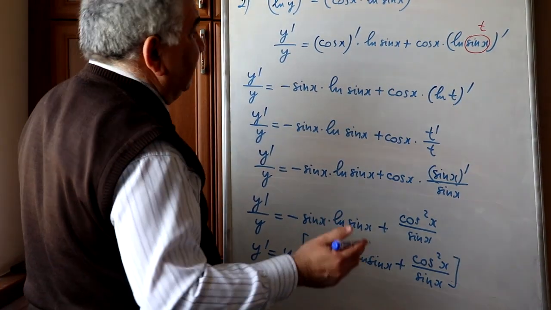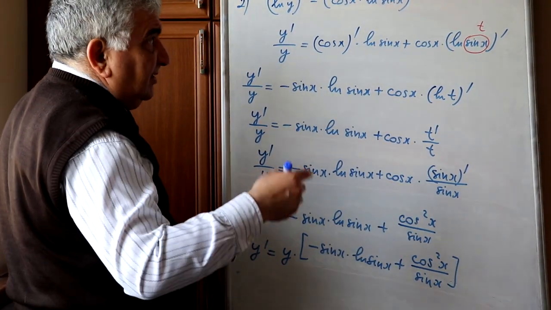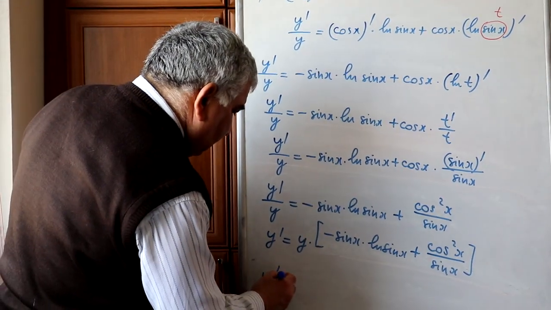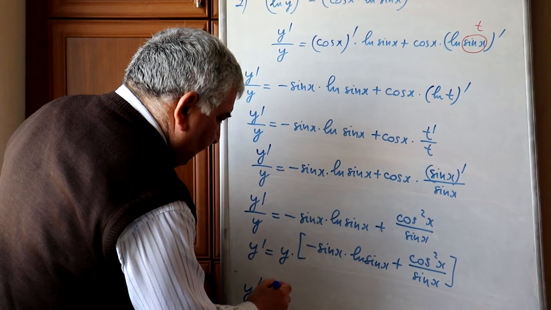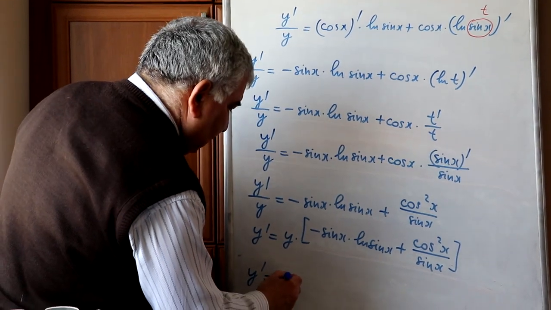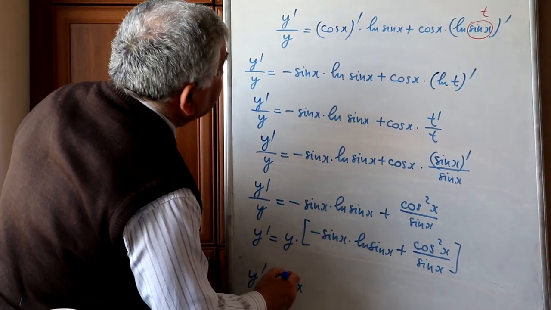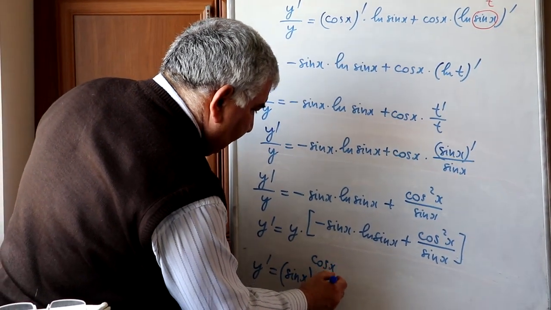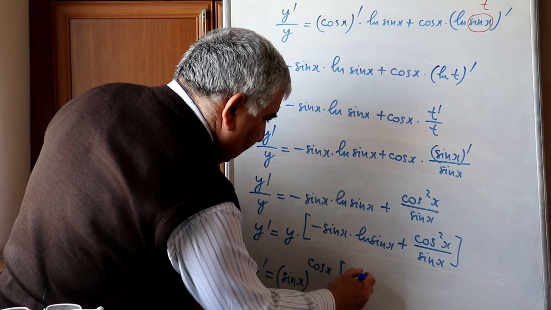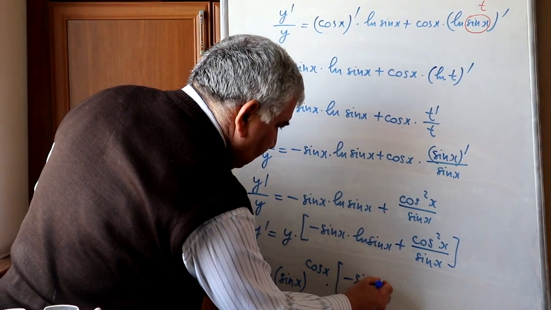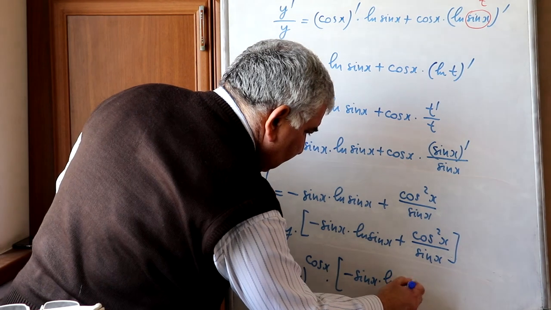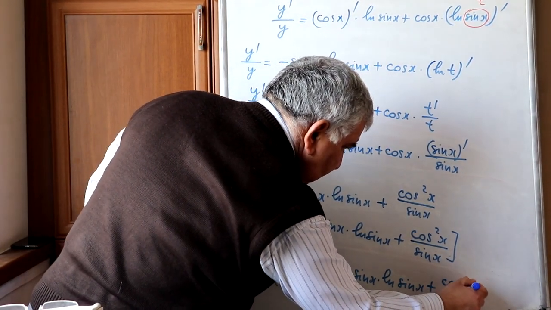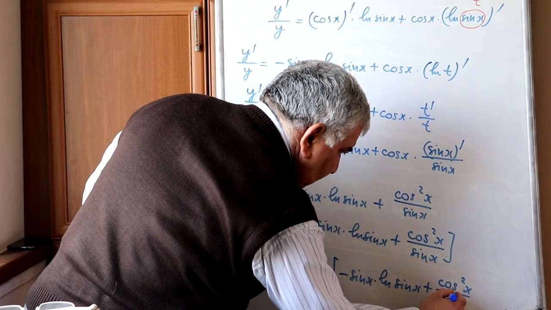But remember that y is sine x raised to cosine x, right? Y prime equals sine x raised to cosine x multiplied by minus sine x by natural logarithm of sine x plus cosine squared x over sine x.